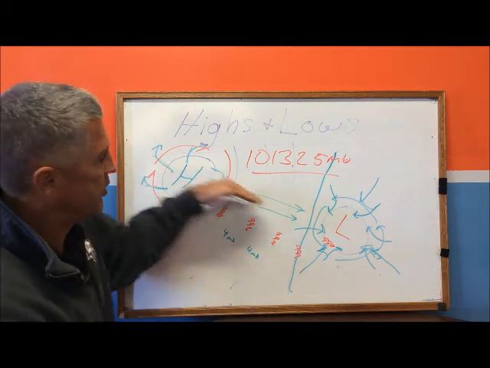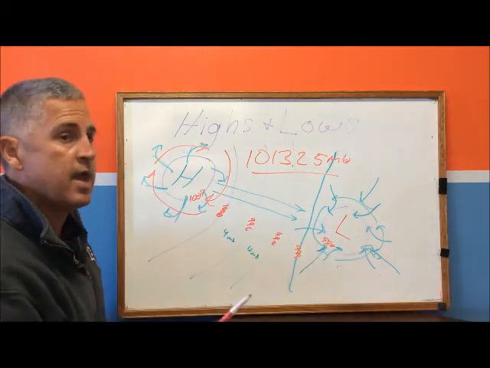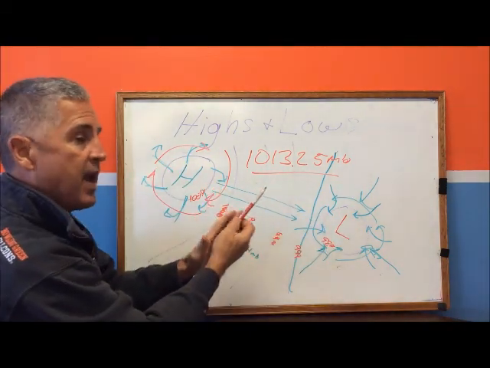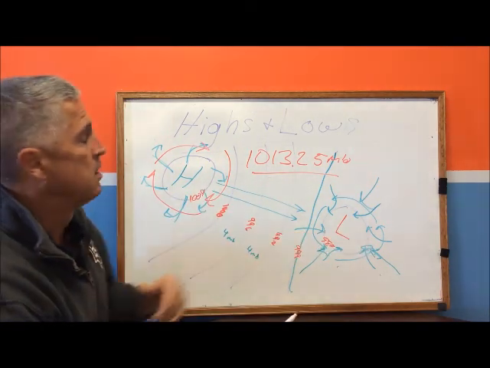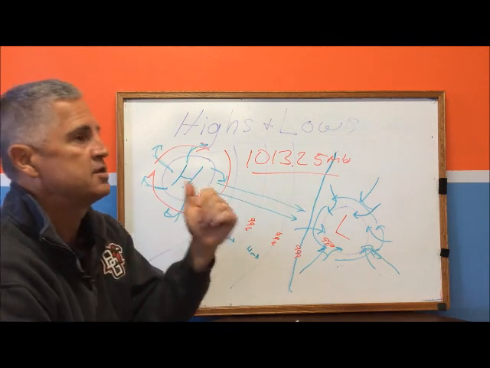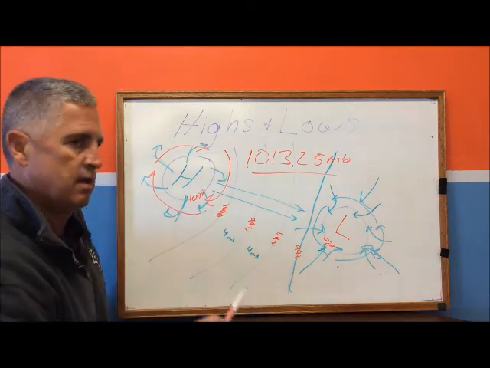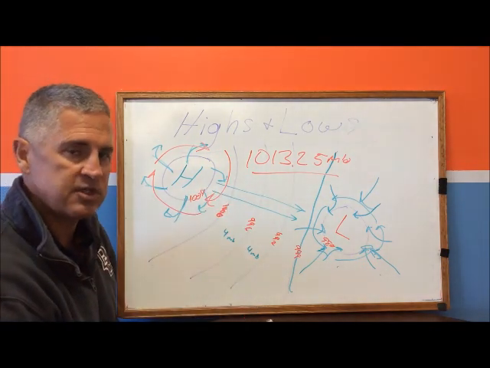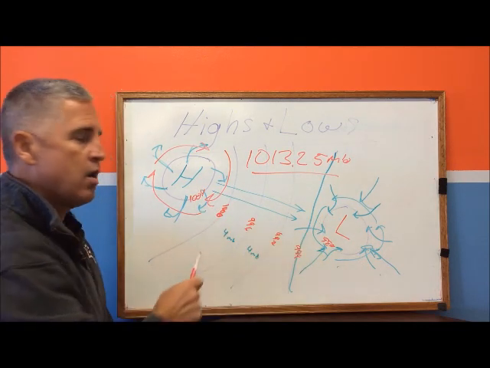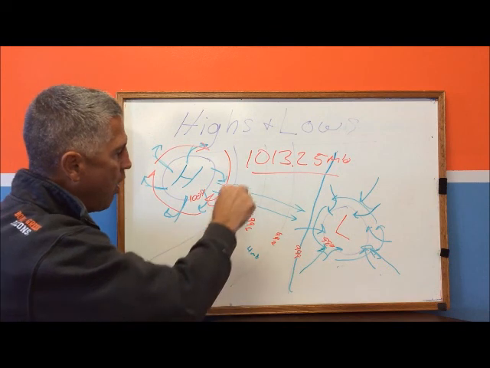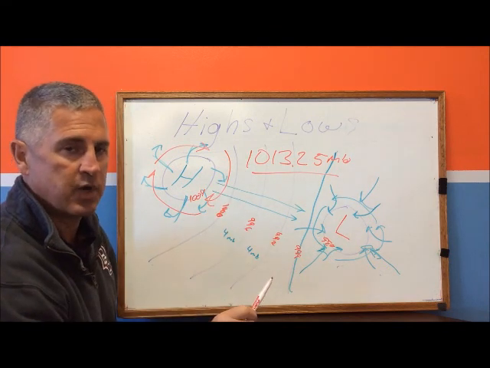So it's moving along the pressure gradient. Depending on how tightly or loosely these are packed impacts the gradient wind. If a wind is traveling along the line of an isobar, it's called a geostrophic wind. So gradient wind from high to low, geostrophic, along a line of equal pressure.